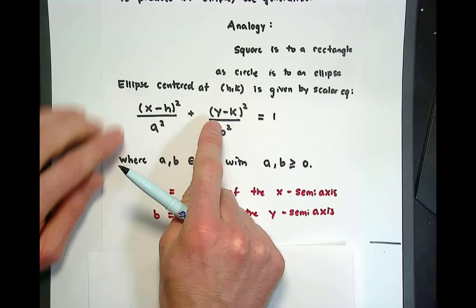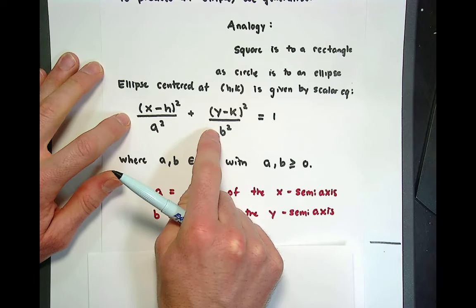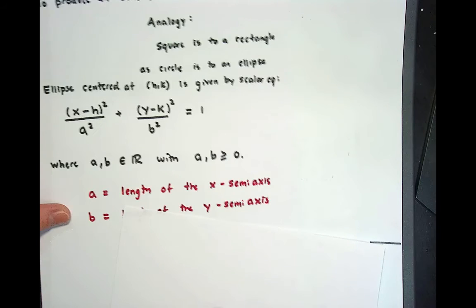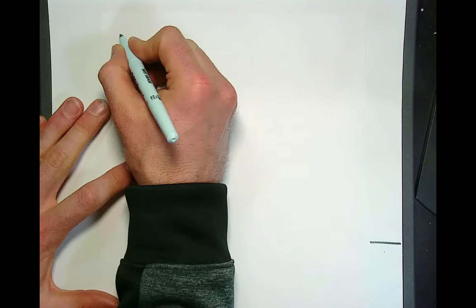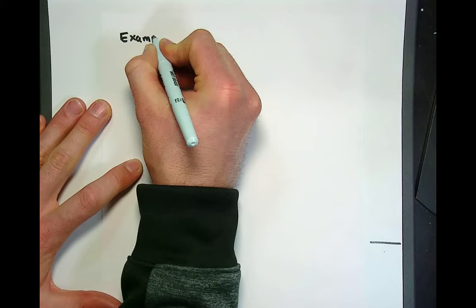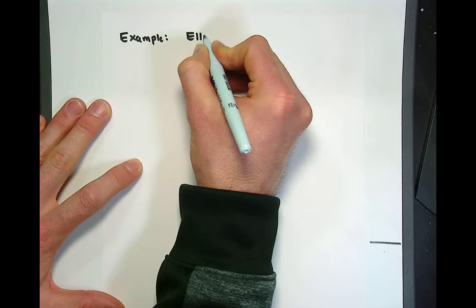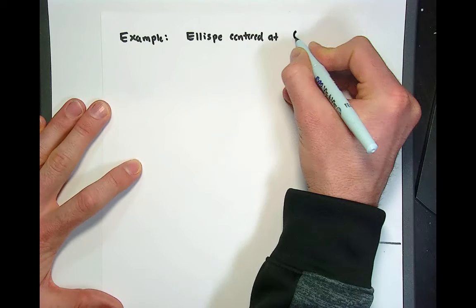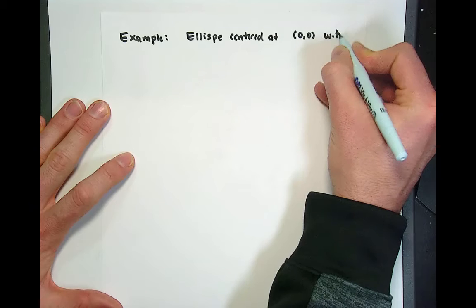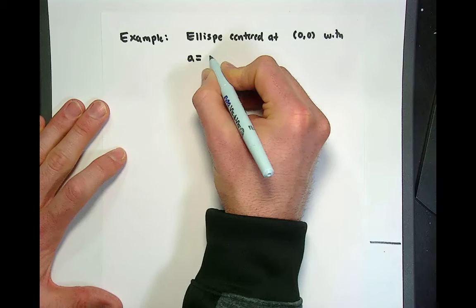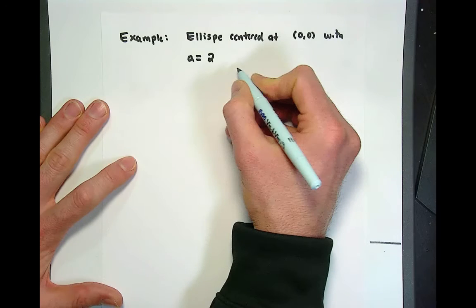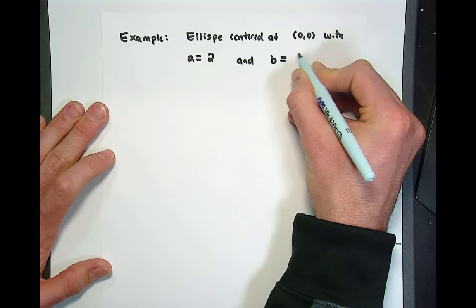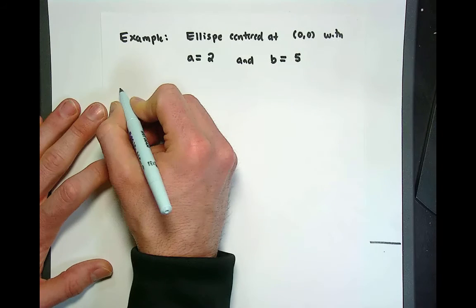In order to fully understand this equation, instead of working in generality to begin with, I'd like to do a specific example and then generalize from that example. Here we go. Let's look at an example, and we'll start with the easiest case, an ellipse centered at 0, 0, with x semi-axis length defined by the value of 2, and the y semi-axis length defined by the value of 5.